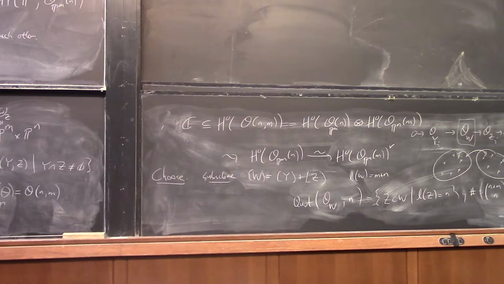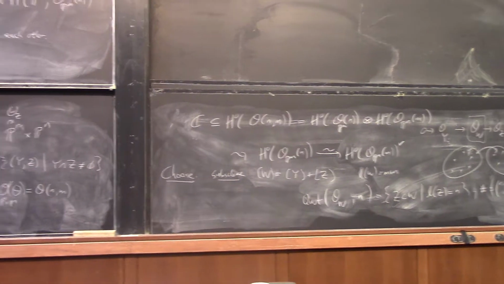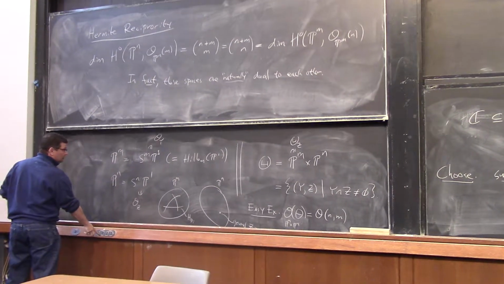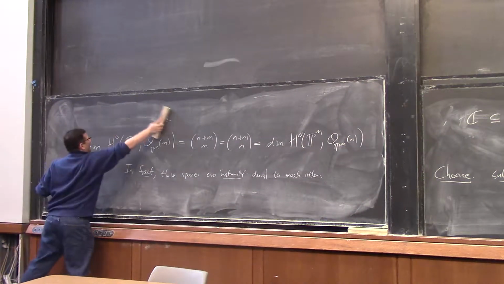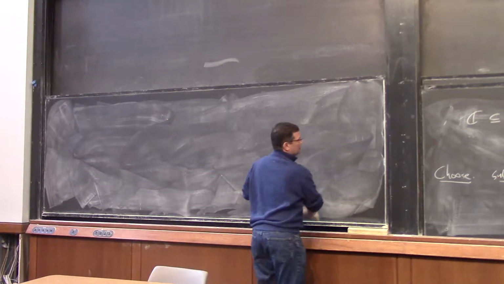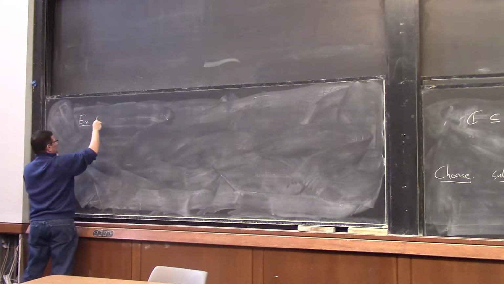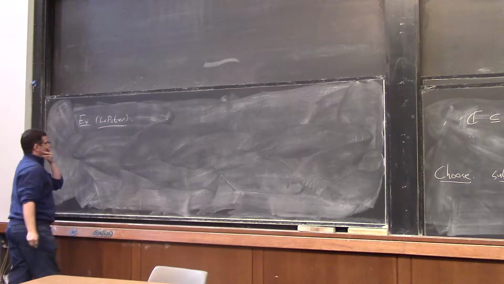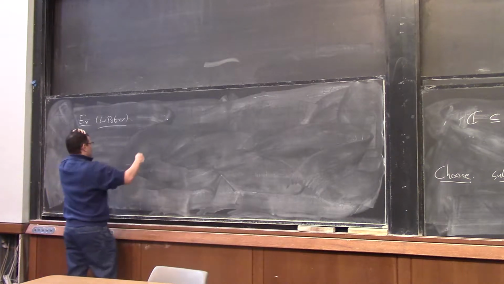So another example from Lepotier. I mean, I'm sure this was noticed by others before Lepotier, but I'll just put his name on there for the sake of a name.